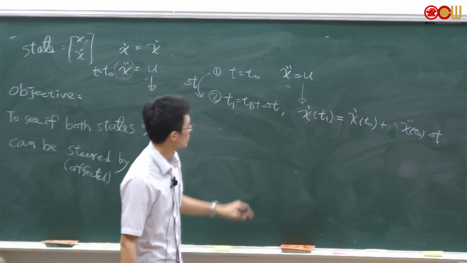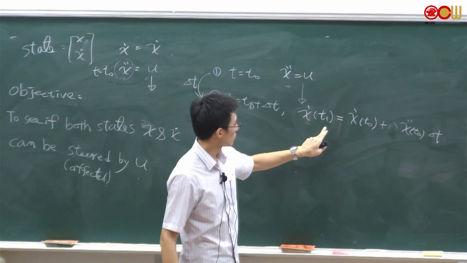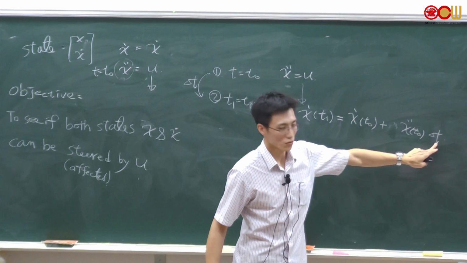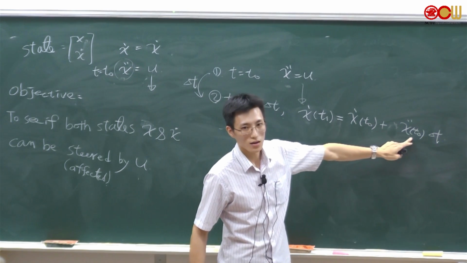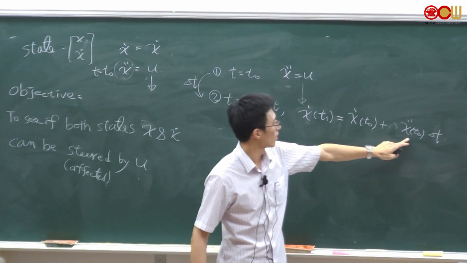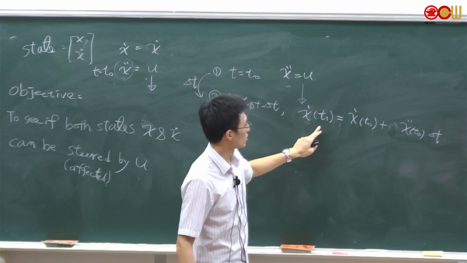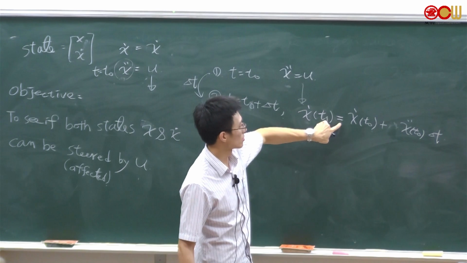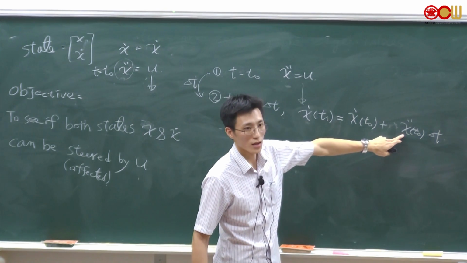Your velocity from t0 to t1, the difference is caused by the acceleration, right? The acceleration can change the difference of velocity in time, as long as it's not 0.